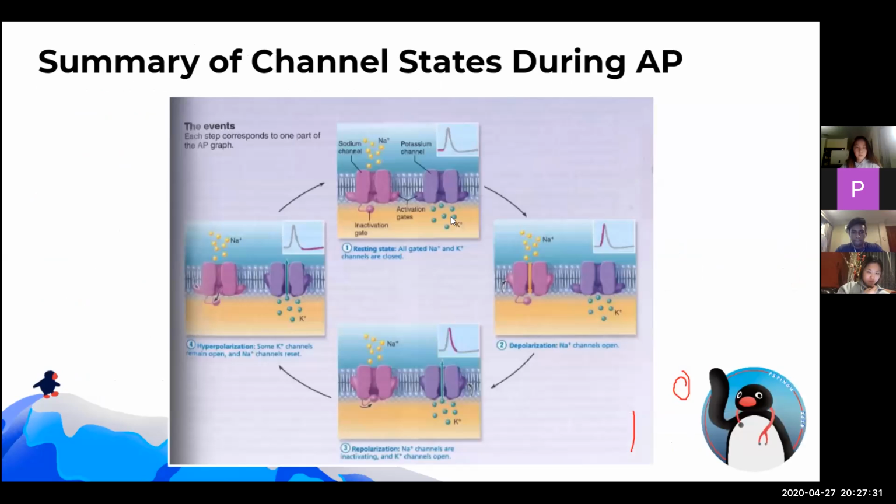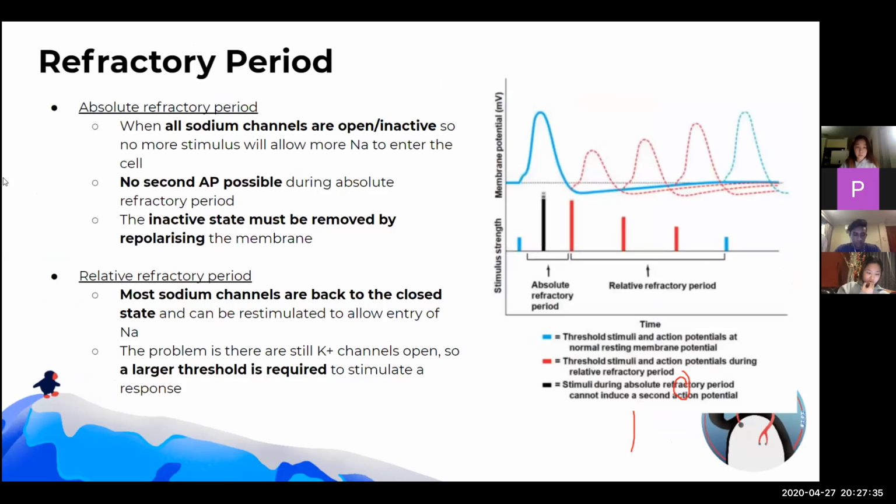Now, moving on to what's called the refractory period, which we did touch on previously. There are two types, an absolute and a relative. First, going through absolute. This is when all of our sodium channels are either open, so they've already been stimulated, or they are now inactive, so they can no longer be stimulated any further. Therefore, no matter how much more you stimulate, no more sodium is going to enter the cell.